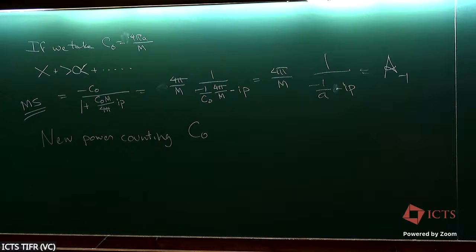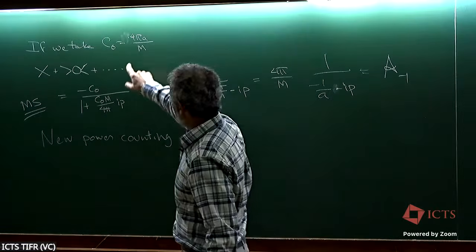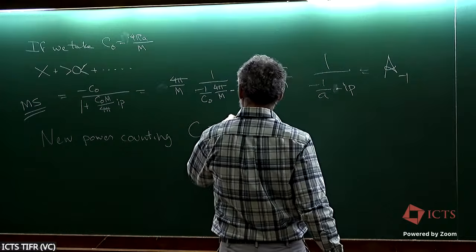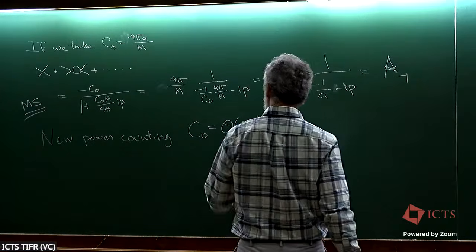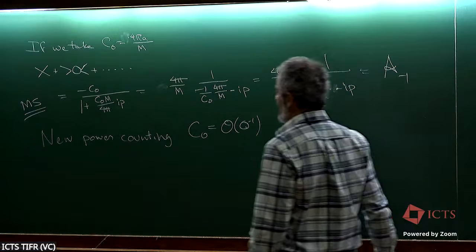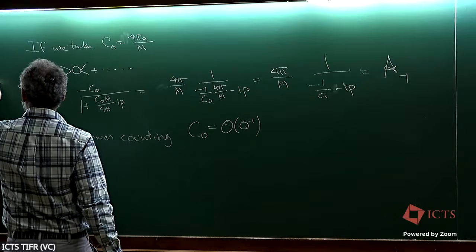I should have said Q like 1 over A or P. They both can count sort of as order Q. And therefore, we see then that this definition of C naught is itself order Q to the minus 1. And therefore, this diagram here is order Q to the minus 1.